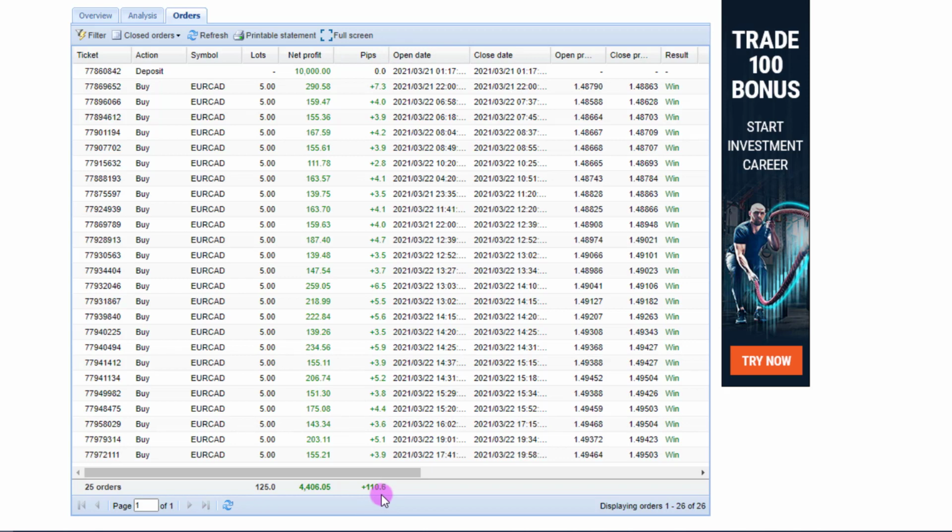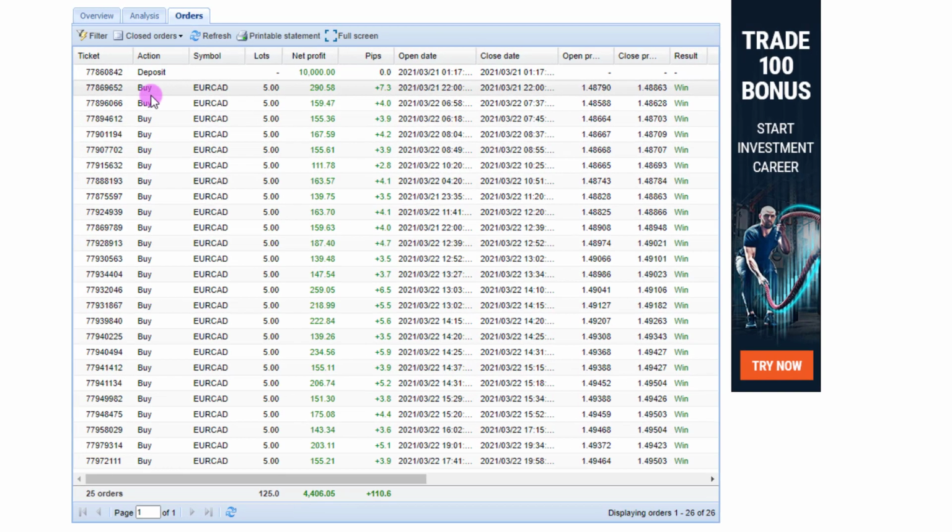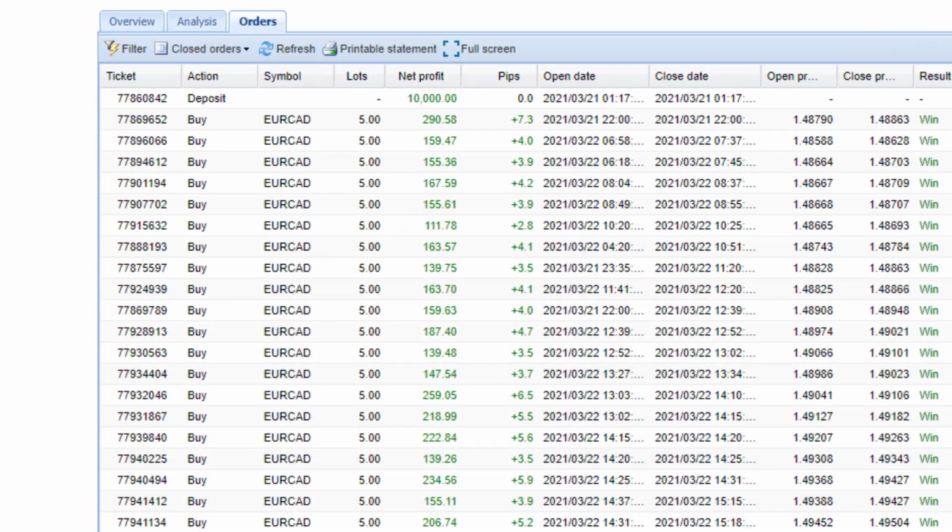So now let's have a look at what strategy this trader is using. Firstly, he's using a one-directional strategy, so he's buying only. He is also using lot sizing of 5 lots per transaction. That's quite high, but that is what is happening, and he is making roughly, let's say, around about $200 per transaction, and he is using a very tight scalping approach.